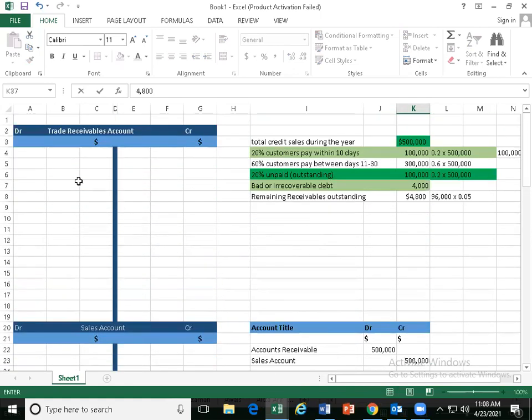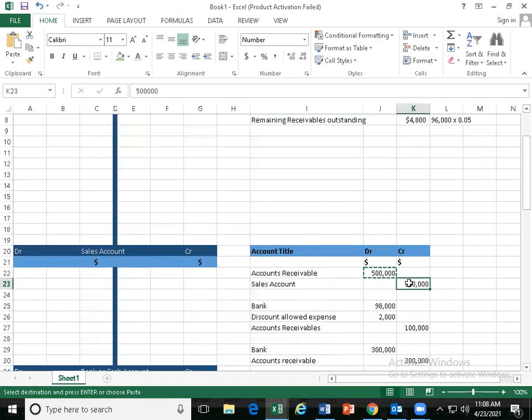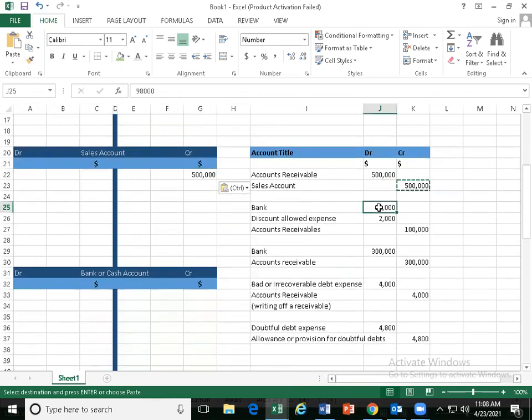Now as far as the ledgers are concerned, all you need to do is just take them onto the debit and credit side. For example, here you can see first of all is trade receivables. So here I can copy and I can paste here. It's the sales account which I can copy and paste on the credit side. Then here is the bank which I can copy and paste.